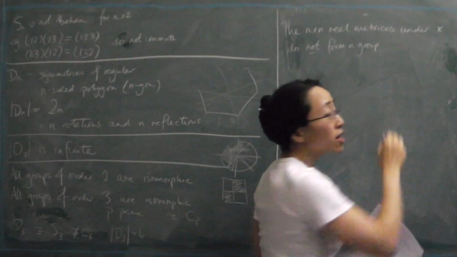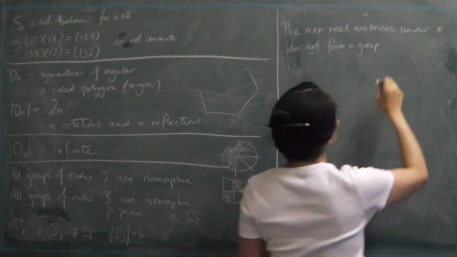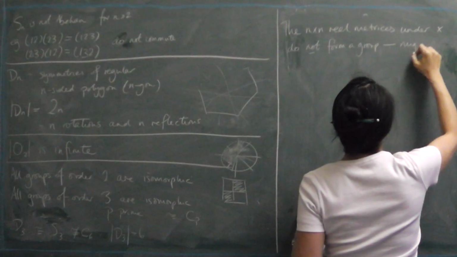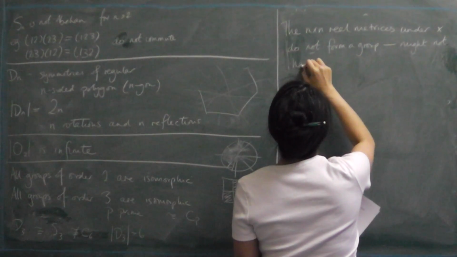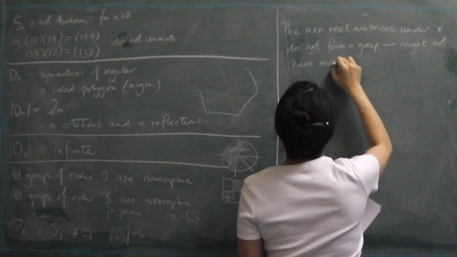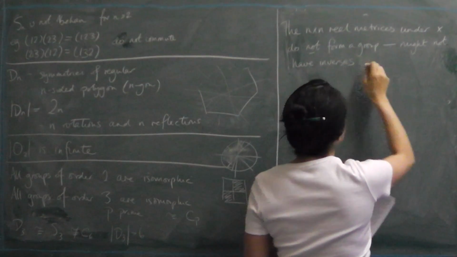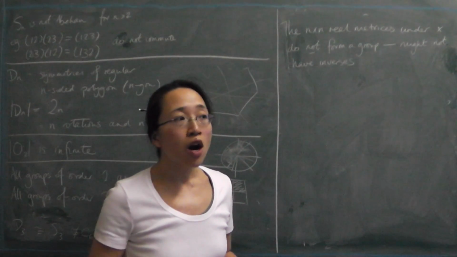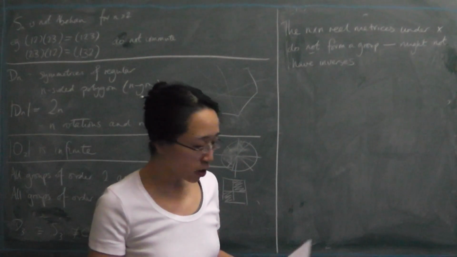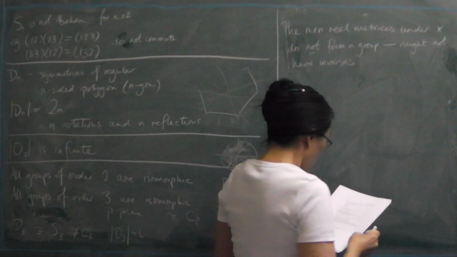Because they might not have inverses. Right? Not every matrix has an inverse. When does it have an inverse? Only if the determinant is non-zero.